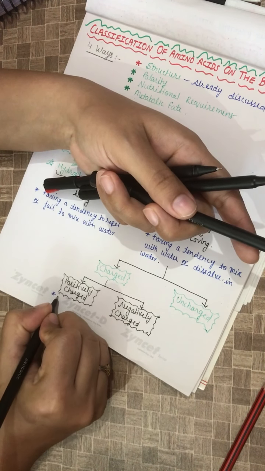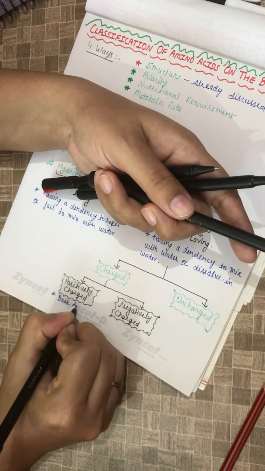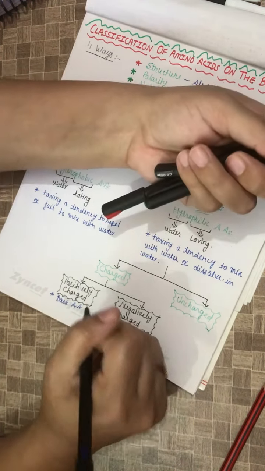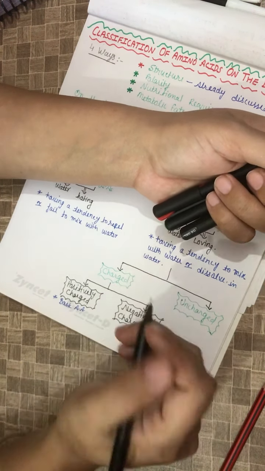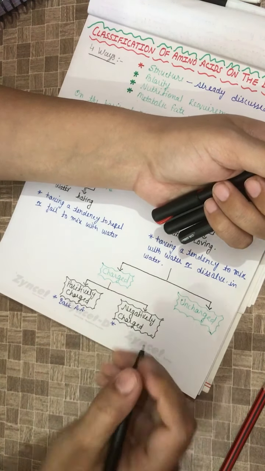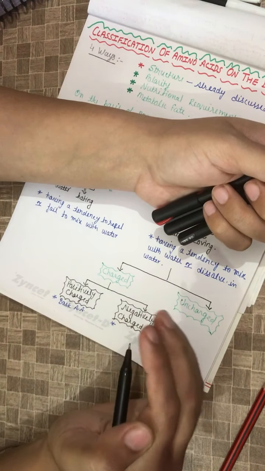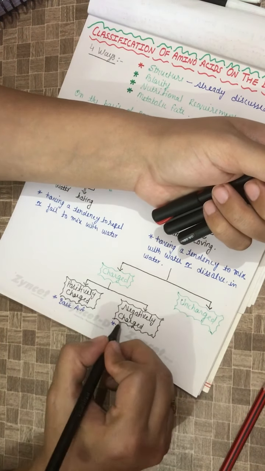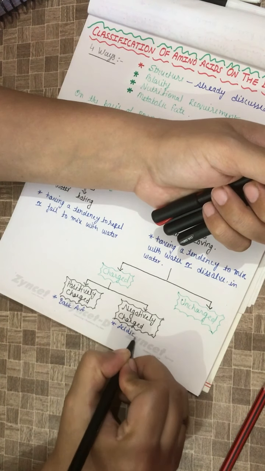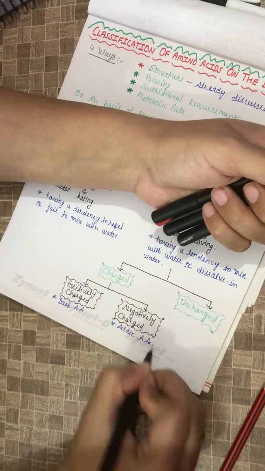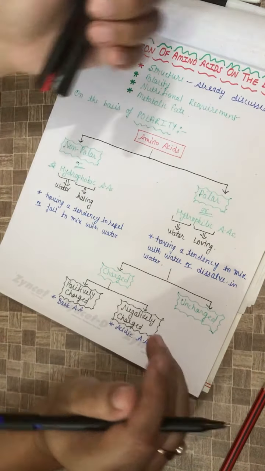Under the category of positively charged, basic amino acids come because of the amino group in their side chain, and because of the carboxyl acid group in their side chain, the acidic amino acids come under the negatively charged amino acid category.